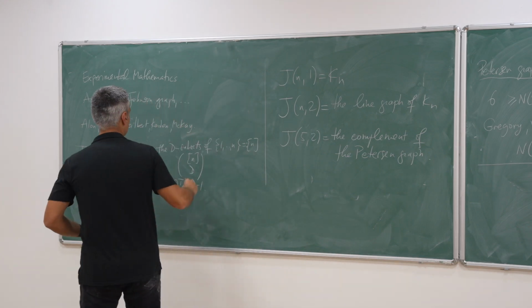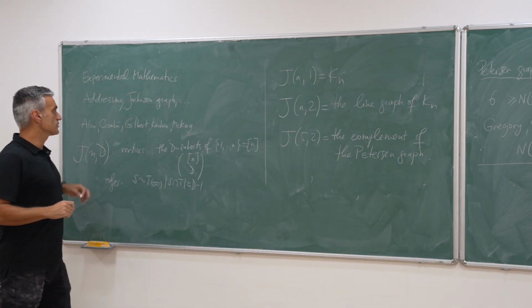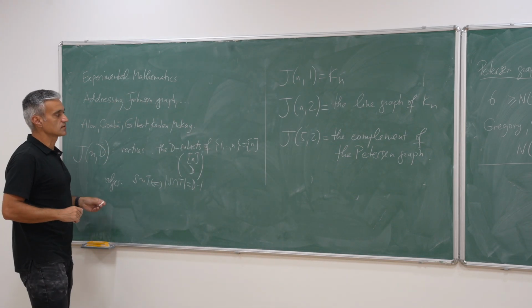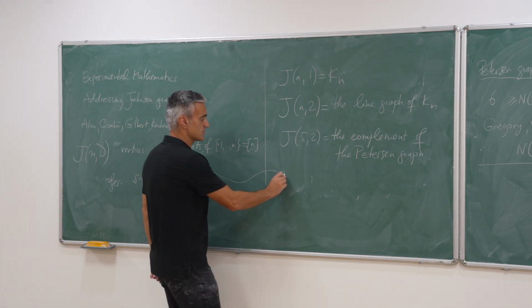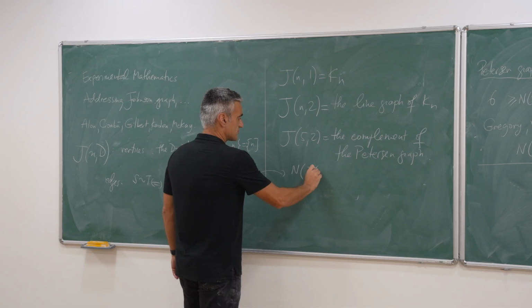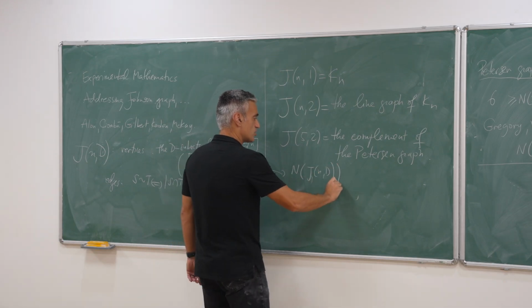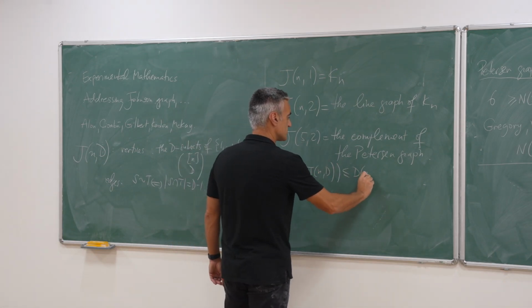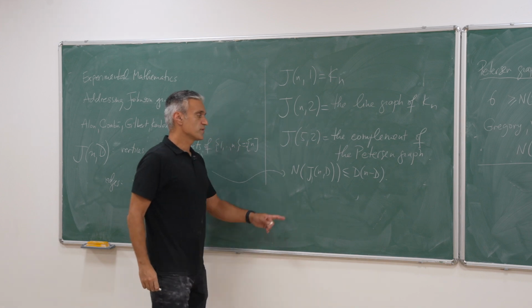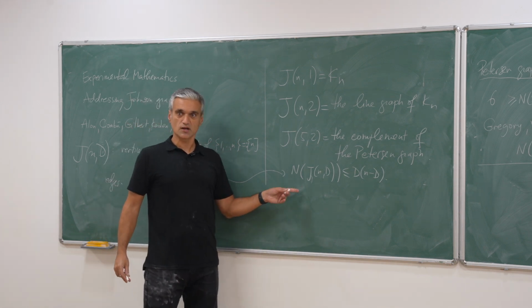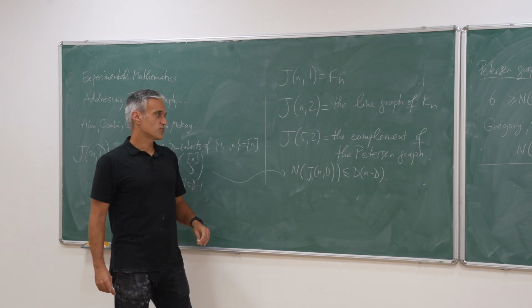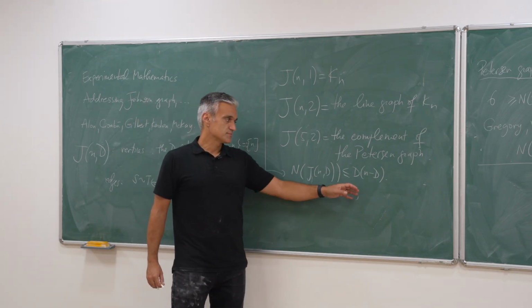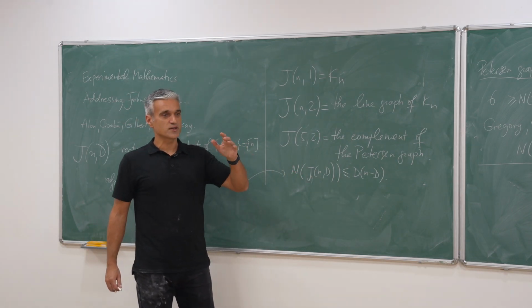So in this paper, Brendan Gilbert came up with an algorithm to address these Johnson graphs, and we could prove that the addressing is at most d times n minus d. Now, bear in mind that for these Johnson graphs, the number of vertices is n choose d. So that's very large compared to that. His addressing is fairly complicated.